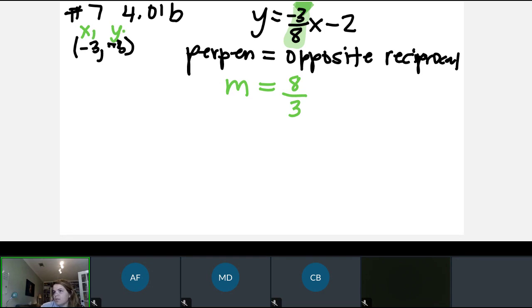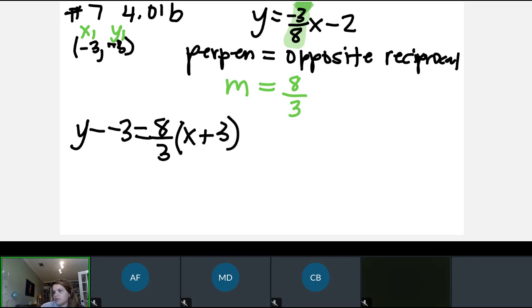And again, I still have my x1 and my y1. And now all I'm going to do is plug it all in. So 8/3 times x plus 3, because that would be x minus -3. I can rewrite it and then simplify if that's easier.